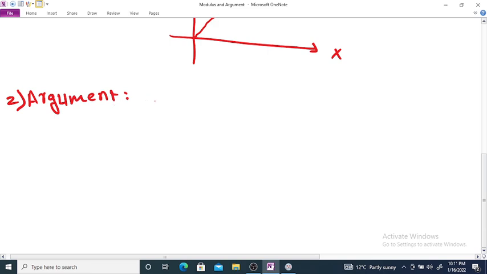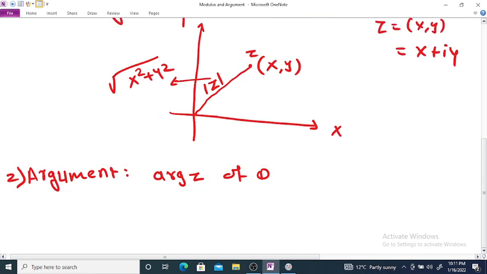It is denoted by the symbol arg z or theta, and it can be calculated as the angle which is made by the given complex number with the positive real axis. So this is what the argument of z or theta is.